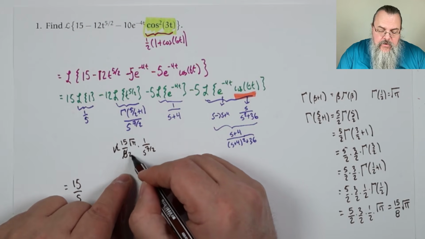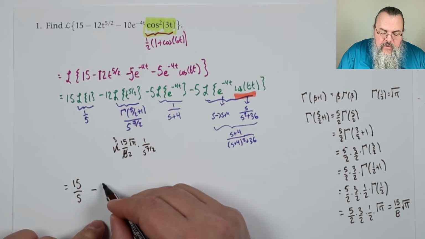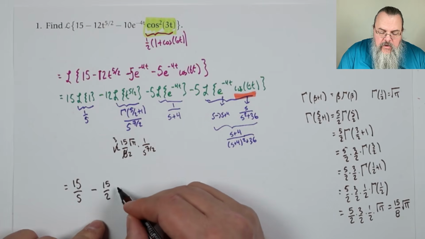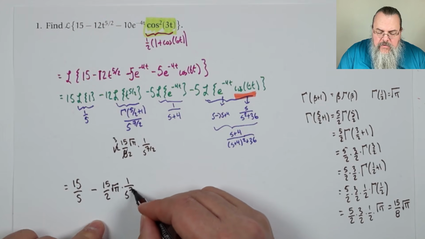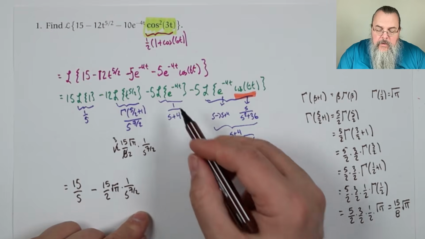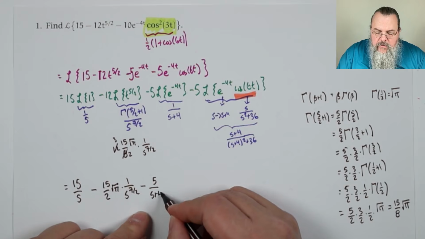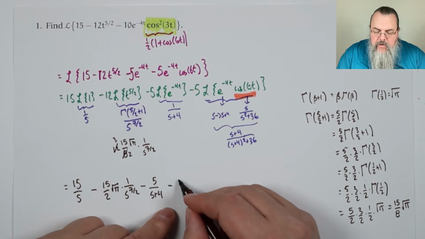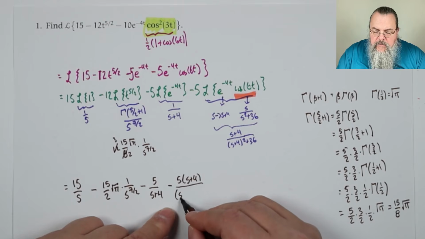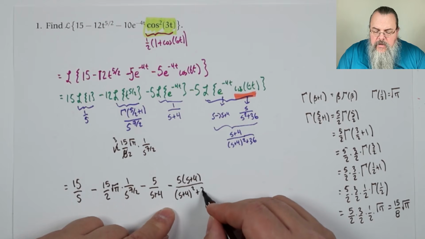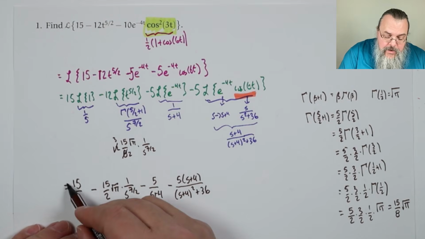That would leave us with 2 here and 3 up here. So we have minus 15 halves square root of pi, and I'll put 1 over s to the 7 halves, minus 5 over s plus 4, then minus 5 times (s plus 4) divided by (s plus 4) quantity squared plus 36. And we're done.